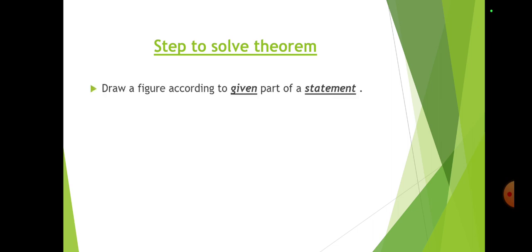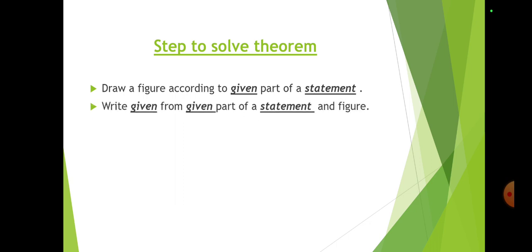How? Let us see what are the steps to solve or to prove a theorem. The first is to draw a figure according to the given part of a statement. We identified the given part, and we will now draw a figure according to it.